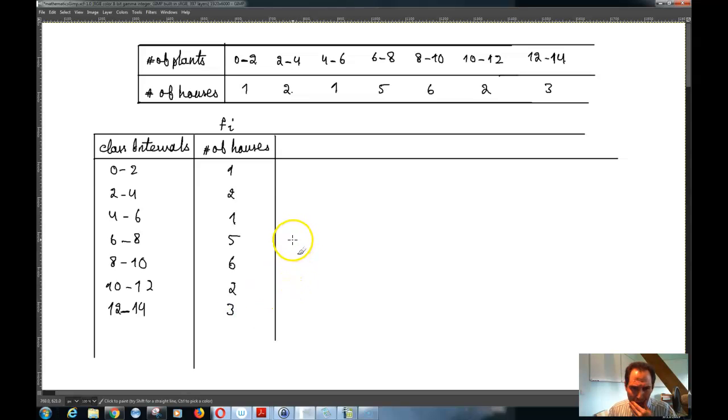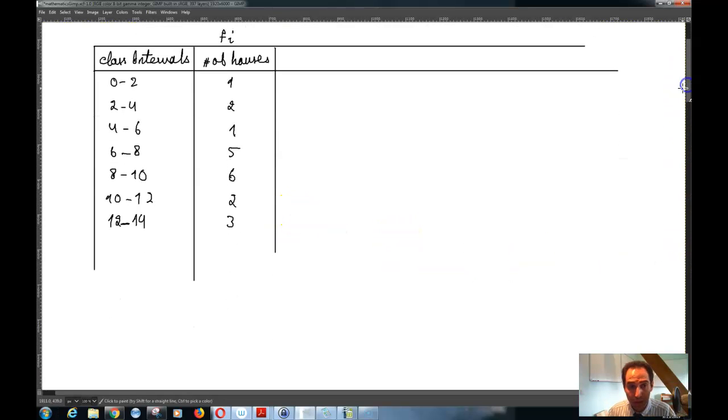So now you want to calculate, for example, x bar, right? To calculate x bar, we said that using the direct method, we can write sigma x of i times f of i divided by sigma f of i as i goes from 1 to n. So let's see what happens if I calculate x of i here.